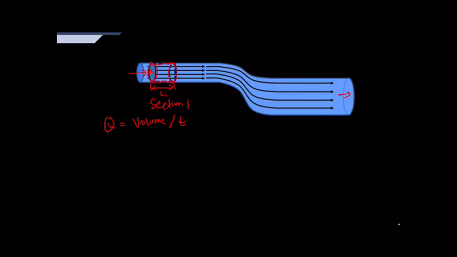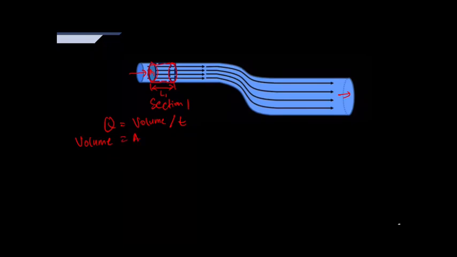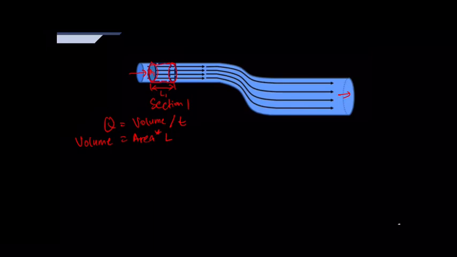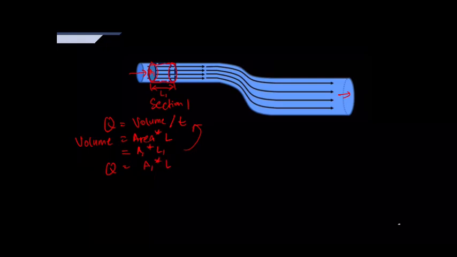Okay, let's see step by step. As we know, volume is equal to area times length. So in this section, volume is equal to area 1 times length 1. If you put it back into this equation, you will see Q equals A1 times L1 over time.